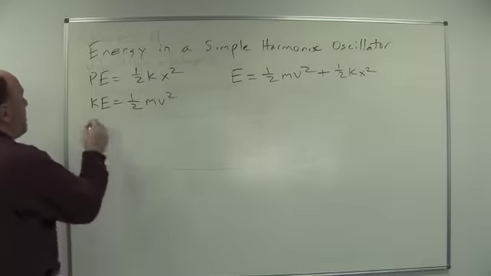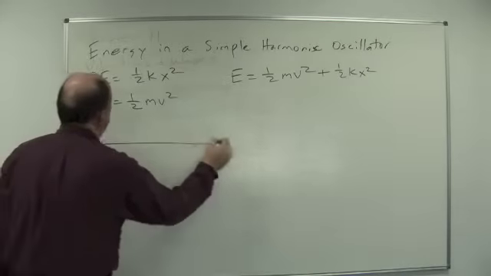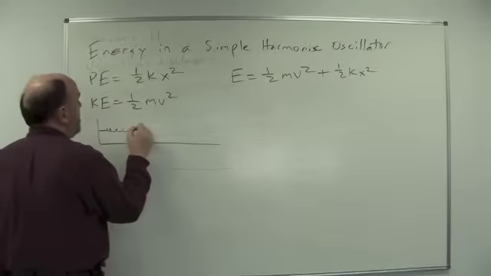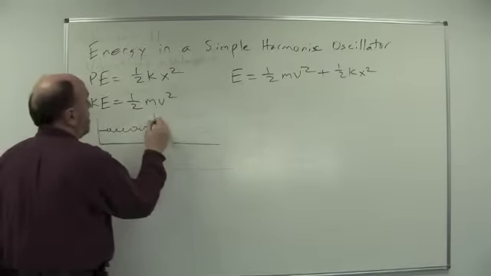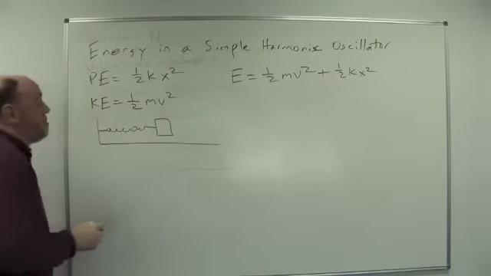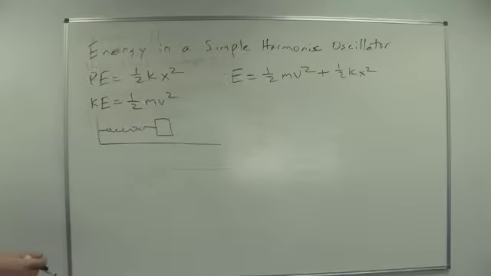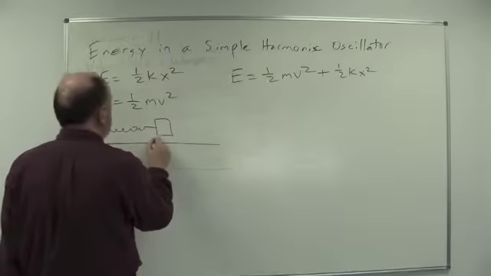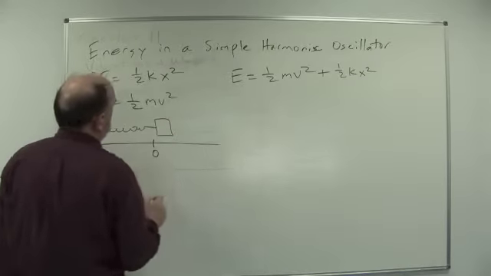So again, if you think in terms of my spring on a block. Okay. And we can look at this spring in terms of being in different positions. So we could have it when it's at its normal resting position, so x is 0.